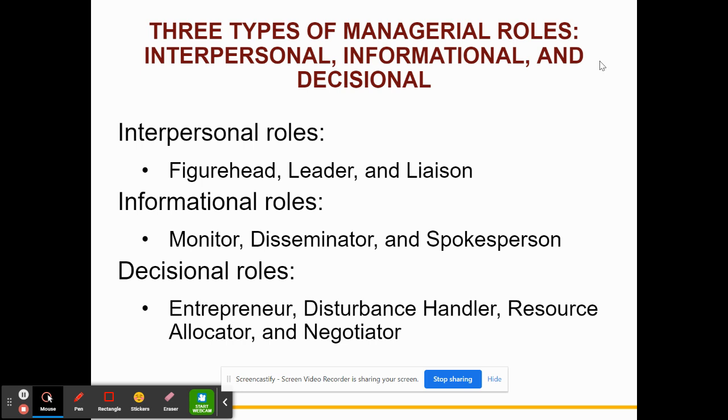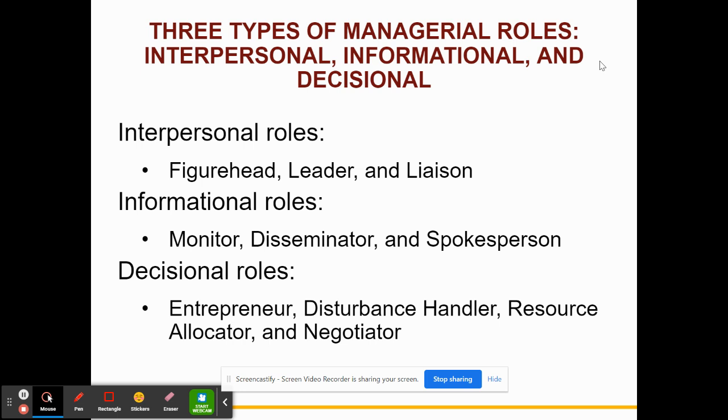Then we have decisional roles: entrepreneur, disturbance handler, resource allocator, and negotiator. You're an entrepreneur in that you're always trying to make gains with the company and expand into new and innovative ideas. You're a disturbance handler, handling disagreements between employees, or between employees and customers, and so on.